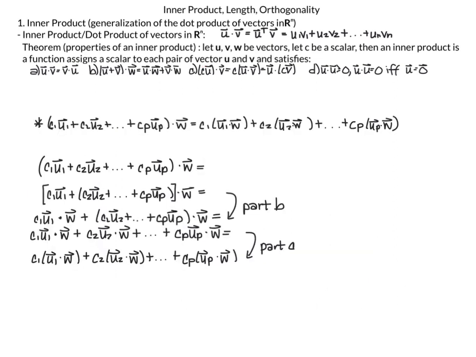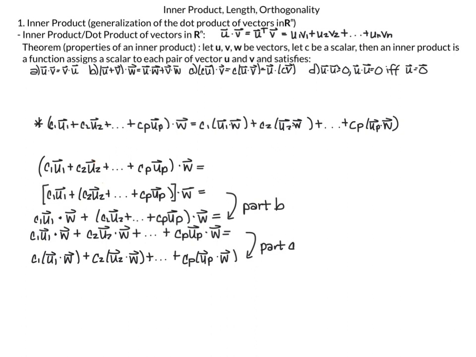I have one more property to show, which is over here, with an asterisk, but I am going to use my properties of inner product to prove this. So I have C1U1 plus C2U2 plus up to CpUp dotted with W is equal to C1U1 dotted with W plus C2U2 dotted with W plus up to CpUp dotted with W. So here I've just rewritten the left-hand side of the equation.